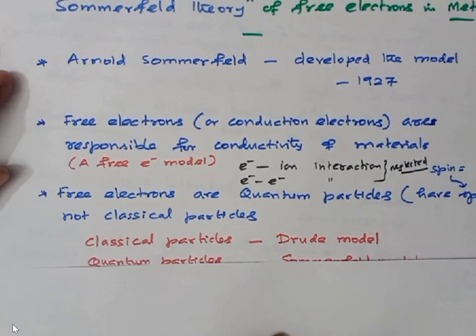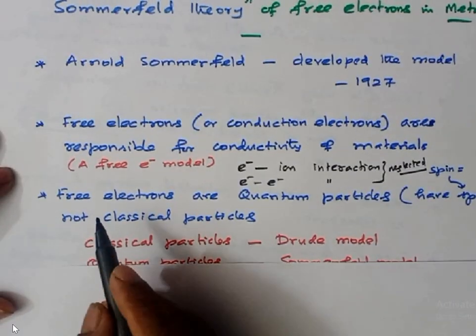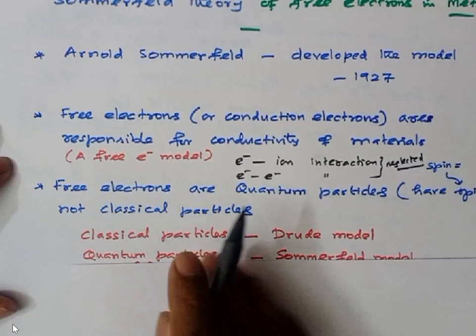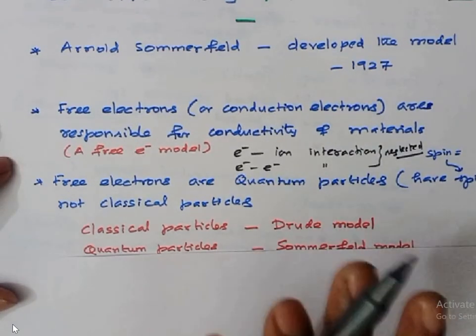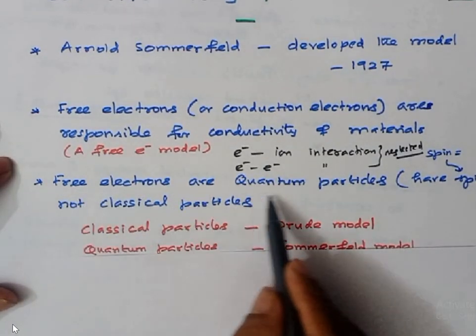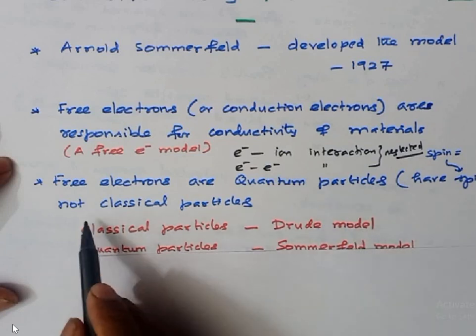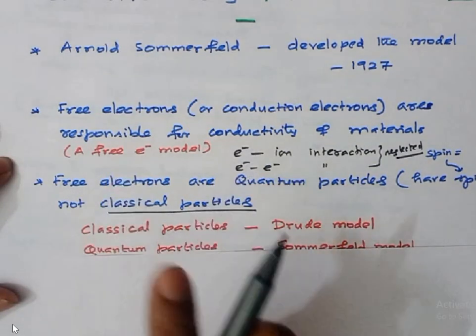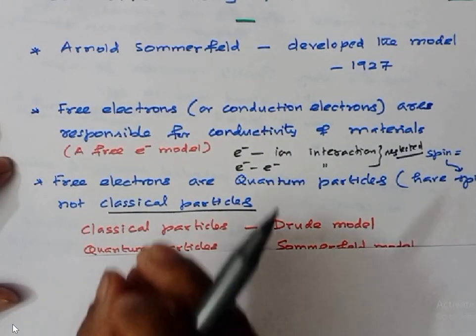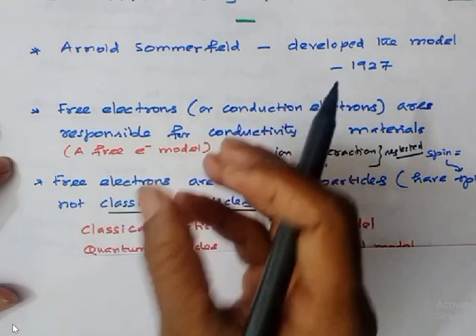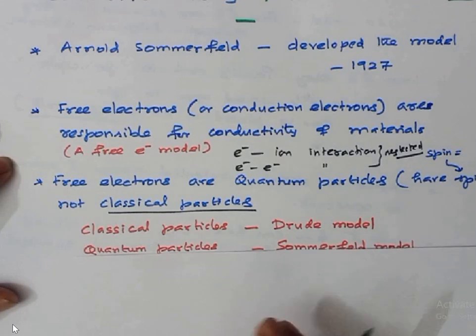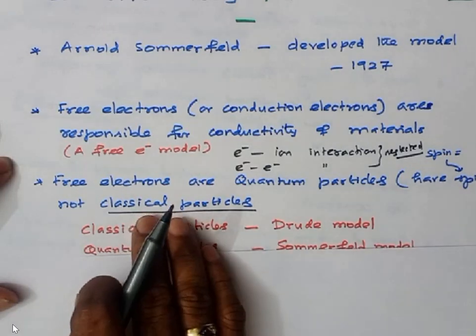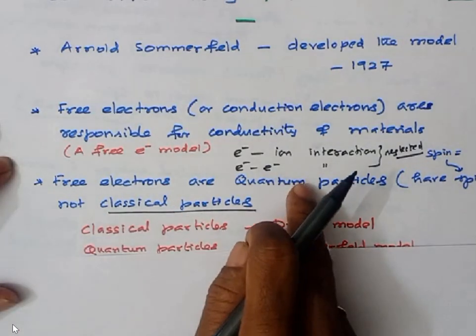Now, the next point: free electrons are quantum particles, not classical particles. In the Drude model, Drude assumed that the free electrons behave like classical particles. But according to Sommerfeld, they are quantum particles.